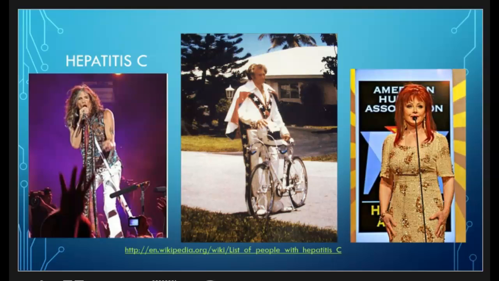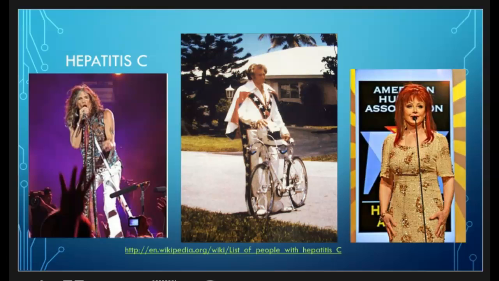Most infections are asymptomatic, but 85% develop chronic cirrhosis. Chronic cirrhosis from Hep C develops very slowly over 20 to 25 years and carries an increased risk of liver cancer. Hepatitis C is tested with serology and molecular pathology.